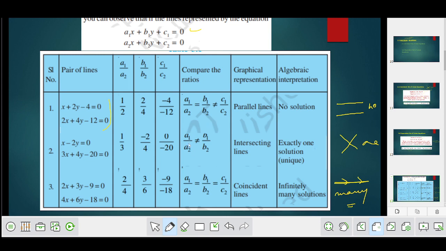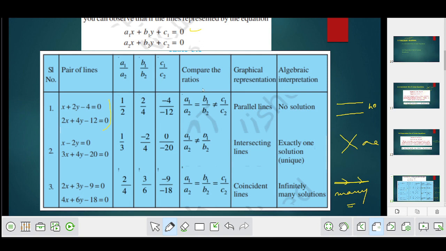If the ratio of the coefficients is not the same, then these lines will intersect each other and have exactly one solution, which is defined as a unique solution. If the coefficients and constant terms are all in the same ratio, the lines overlap each other, so they coincide. We can say these are coincident lines, and they will have many solutions.